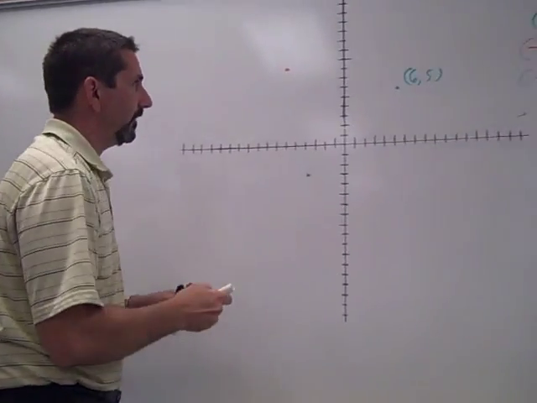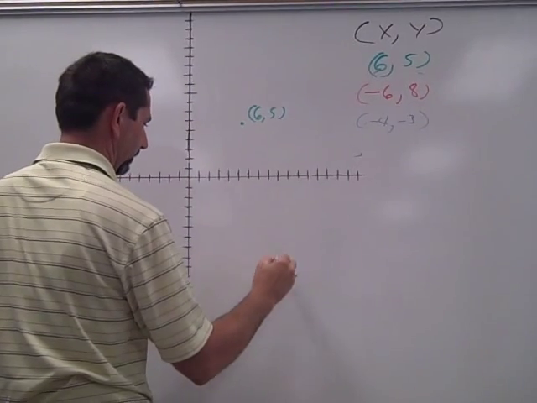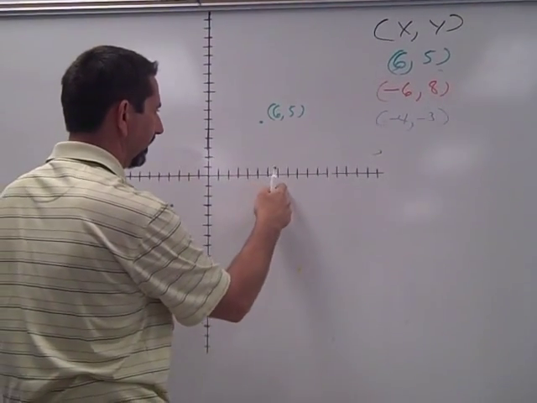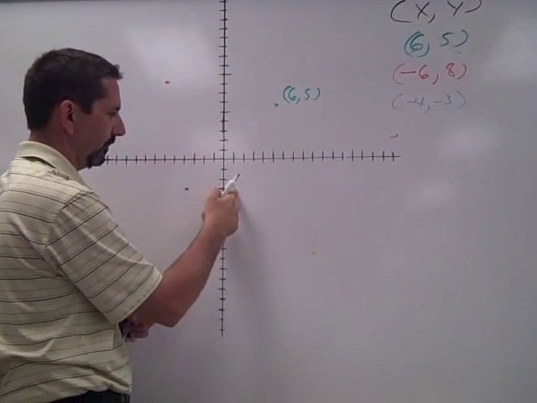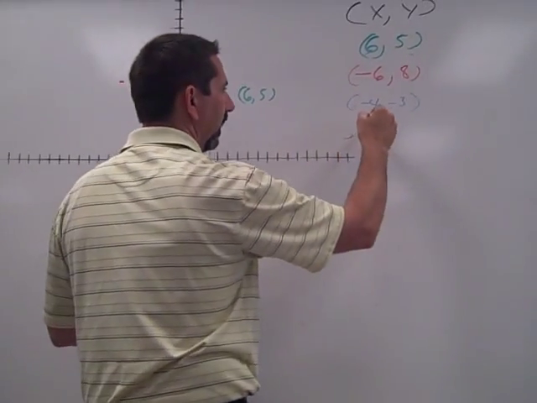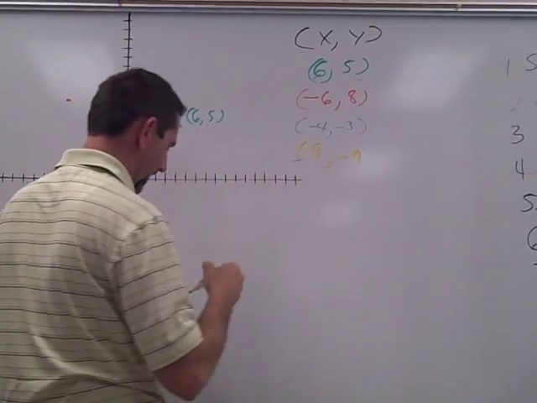And then our final quadrant, we went forward, 1, 2, 3, 4, 5, 6, 7, 8, 9. And we came down, 1, 2, 3, 4, 5, 6, 7, 8, 9. So we are positive 9, negative 9.